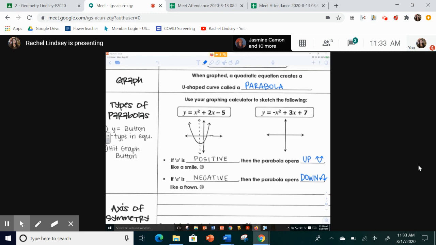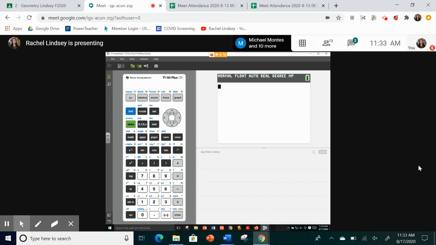Okay, and real quick, I'm going to show y'all how you could do this in the graphing calculator. So if you haven't copied that down yet, we'll go back to it in a second. But this is what your graphing calculator looks like. That's the keypad, and that's the screen you'll see. So if you want to graph something, you'll go to y equals up here in the top left.